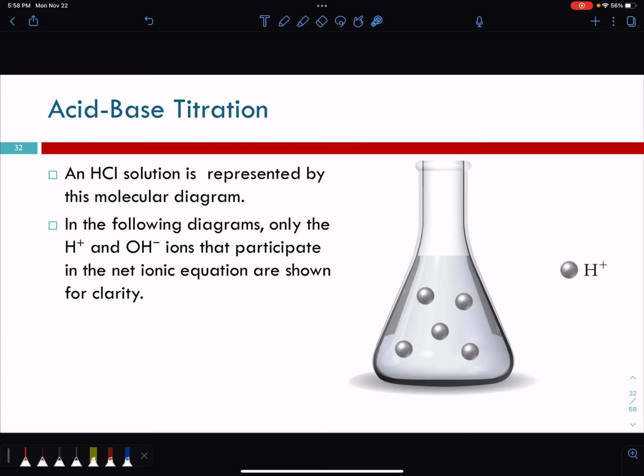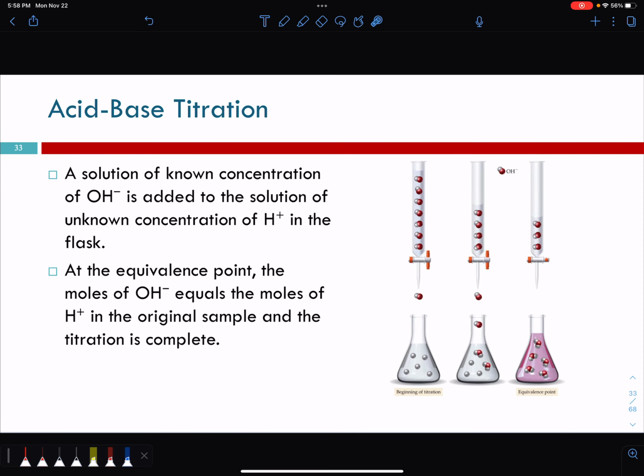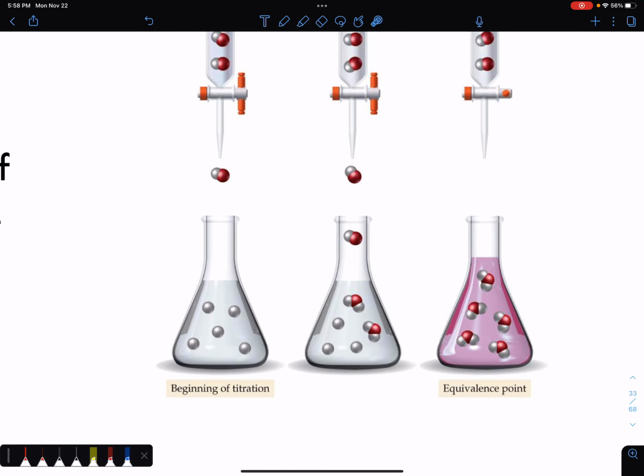So if this is our HCl solution, the important part is not the chlorine, because it's a spectator ion. It's the hydrogens, so those are shown here for clarity. Let's say we want to figure out the concentration of this by doing a titration, essentially what we did with acetic acid. We take our known concentration solution in the burette, and we drip it into the flask. As we drip that in there, every one of these hydroxides finds an extra hydrogen that's floating around and reacts.